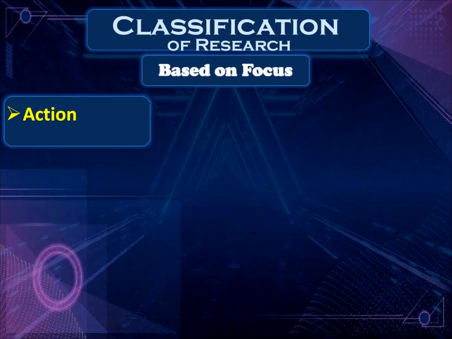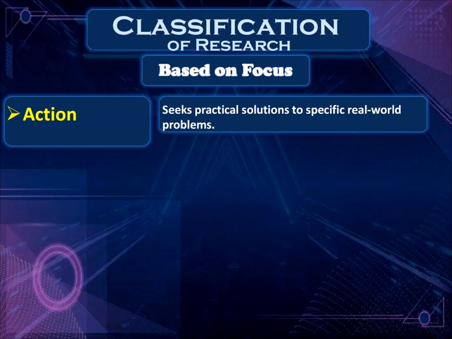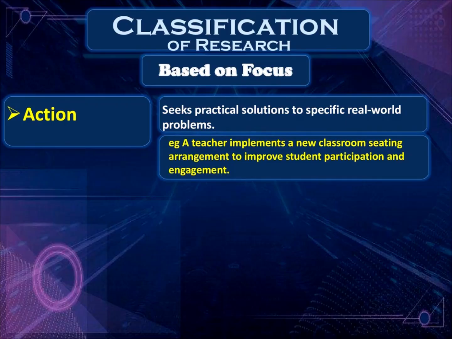Action research, once again, we are repeating a lot of times. I think you will be thinking of action research even in your sleep now. It seeks practical solutions to specific real-world problems, specific problems at hand. This is too general, but action research is about any problem that is actually at your hand and useful to you. For example, a teacher implements a new classroom seating arrangement to improve student participation and engagement.